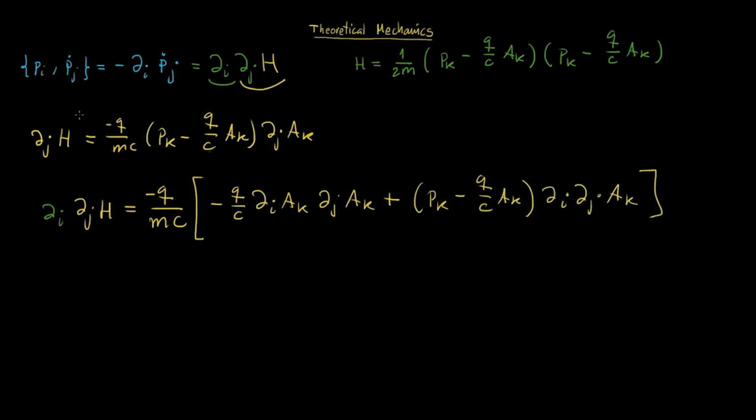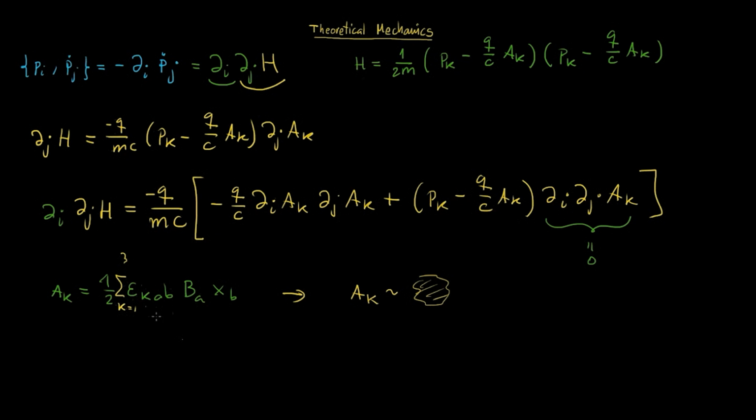But I will show you now that this is 0, because A_k equals 1 over 2 epsilon_kab a_a x_b. This is a term linear in x. The a's are constants, a sum from 1 to 3 of constants times x.